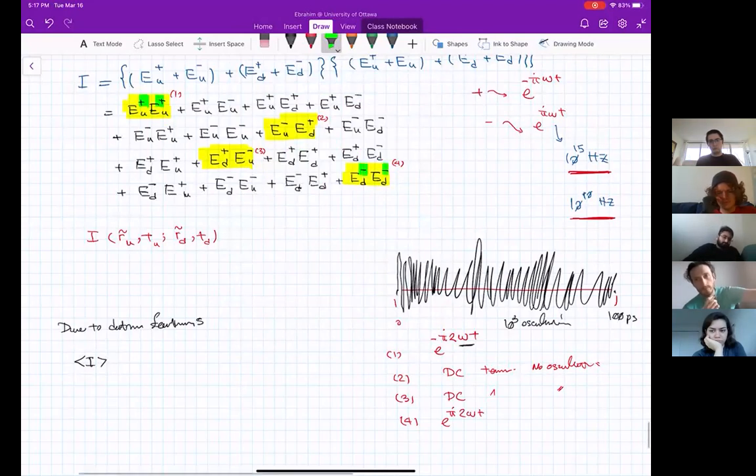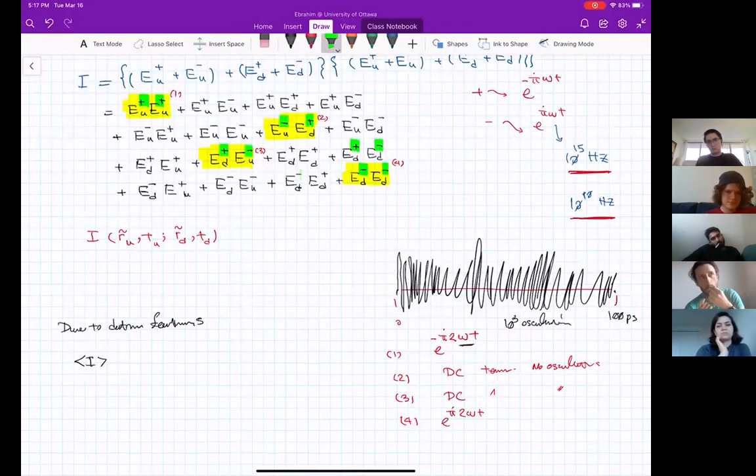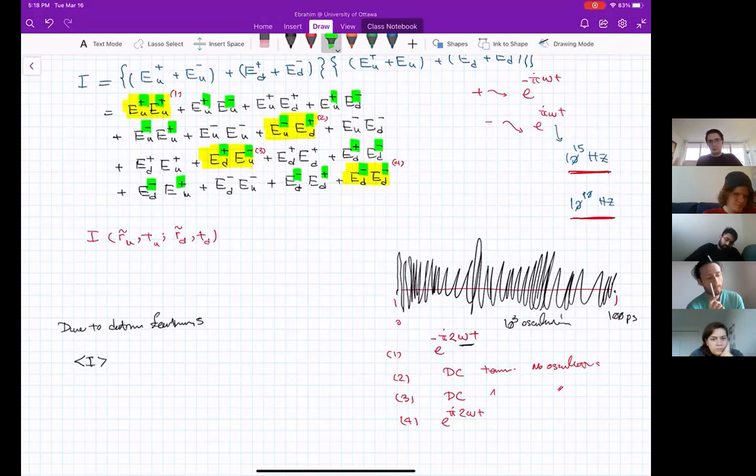When it's negative negative, the frequency will be minus double. When it's negative plus, negative plus, all of those terms, you do have a DC term. And for the rest, as we discussed, that will be different.